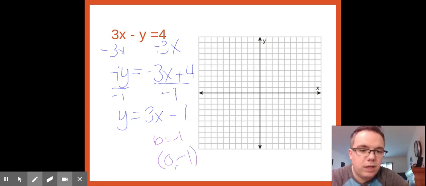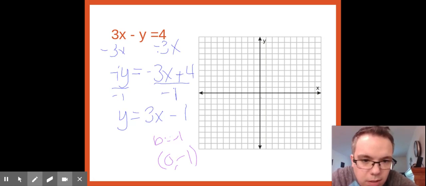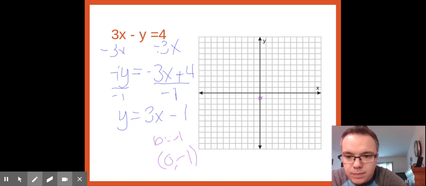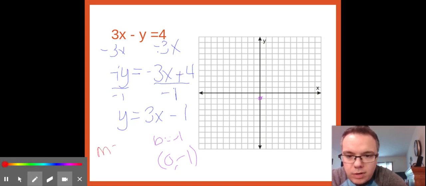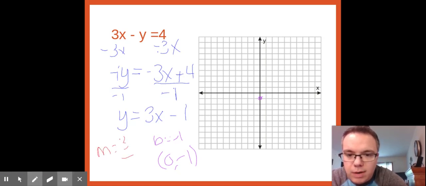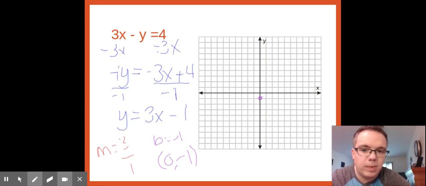So we go left to right. We don't go anywhere because it's 0. And we go down 1, and we put a point. All right. So then for our slope, it is the number 3. And to turn that into a ratio, I make it 3 over 1. Because remember, you can put any integer over 1 to make it a fraction.